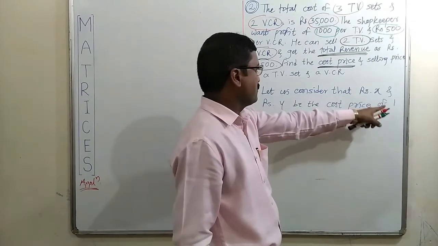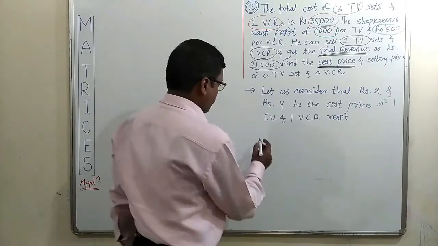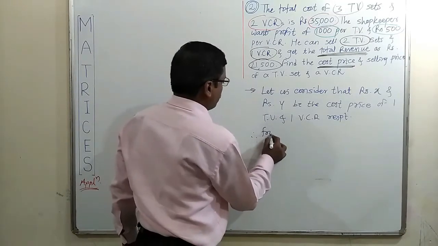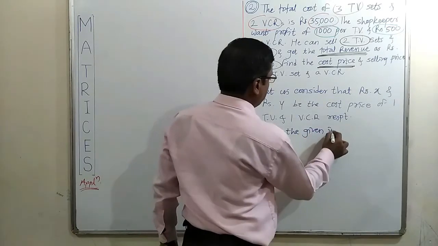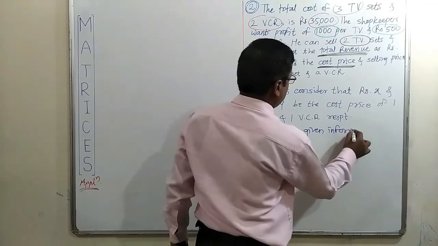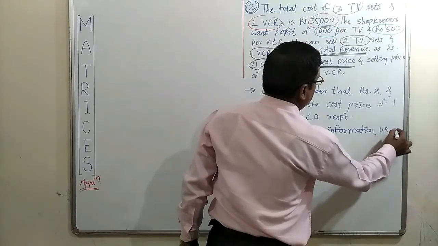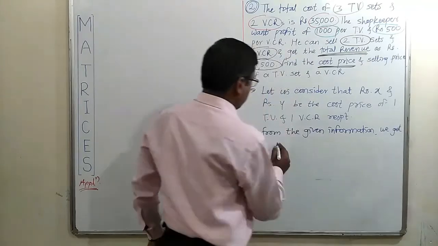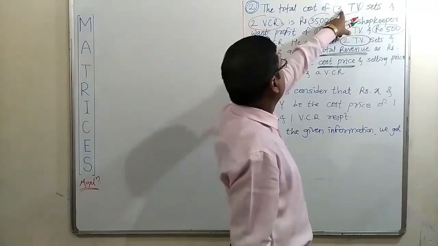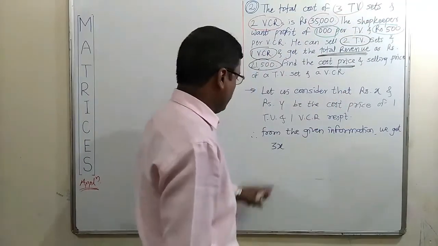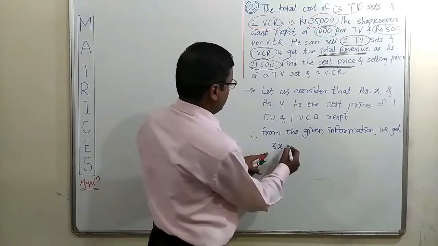Suppose rupees x is the cost of 1 TV, so the cost of 3 TVs will be 3x.